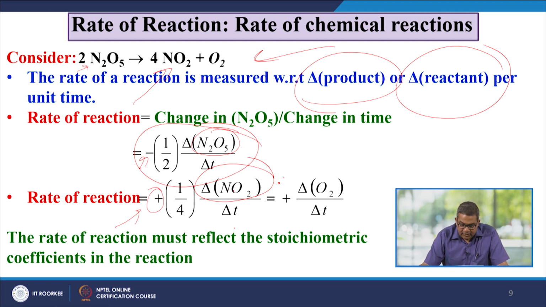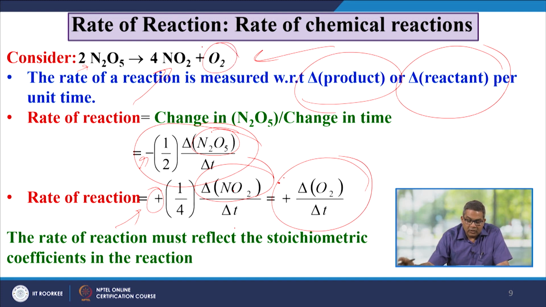And because oxygen is again one of the products, the rate is delta O2 over delta T. So, the rate of reaction must reflect the stoichiometric coefficient in the reaction. Now, this is the stoichiometric coefficient.